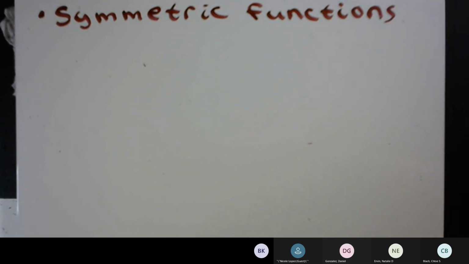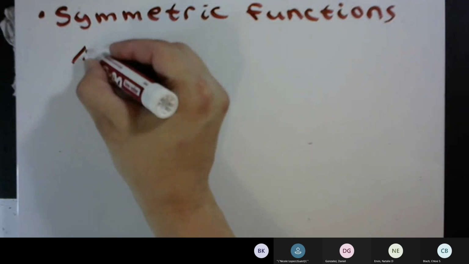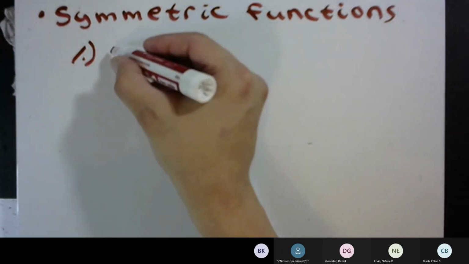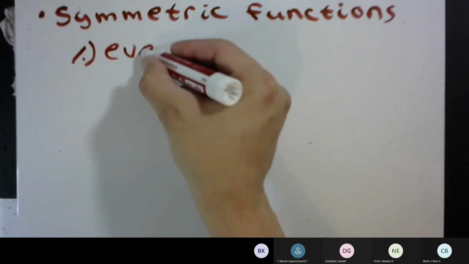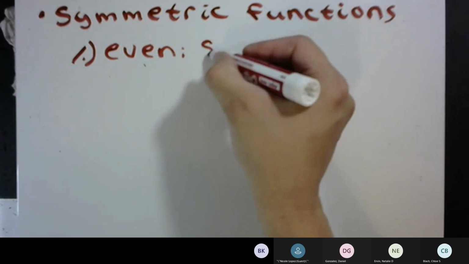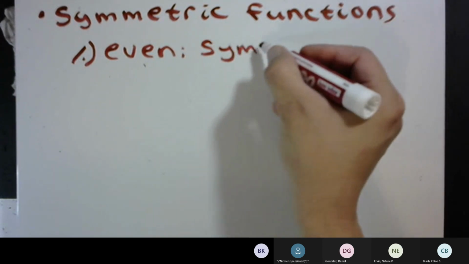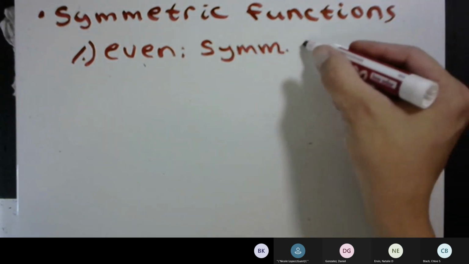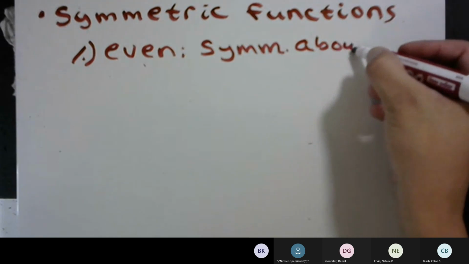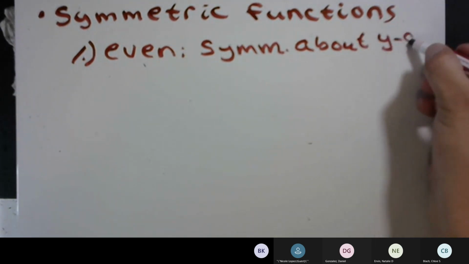So we're going to talk about functions with different symmetries. The two that we work with here are even, which means we're symmetric about the y-axis.